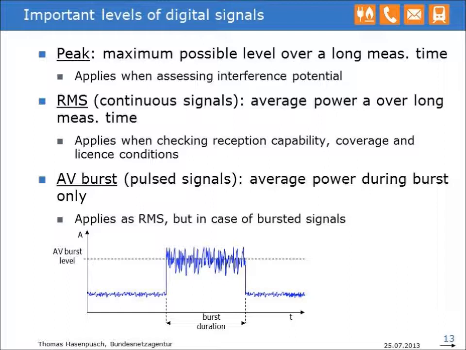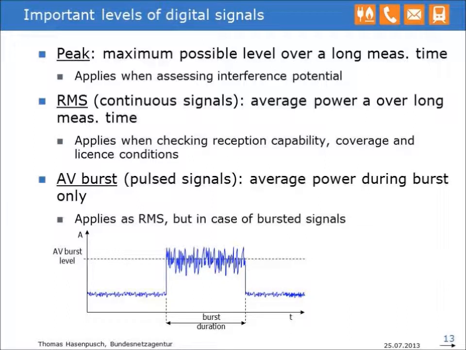And the average burst value is the same as the RMS value, but only measured during the pulse. So we spare the pauses when we do the measurement. And that is, of course, much more complicated to measure. So it applies like RMS, but it applies to bursted signals or to pulsed signals.